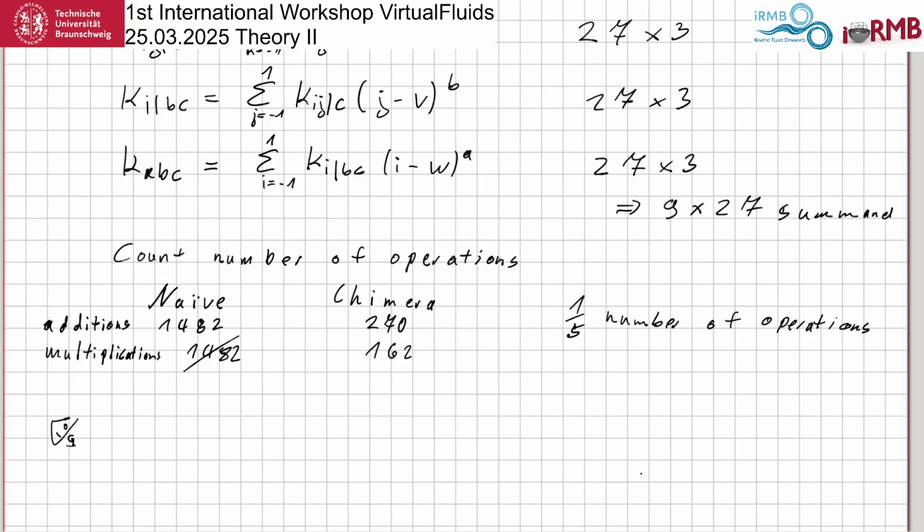And we do this for the chimera transform, and we do this for the naive transform. And due to this difference in the conditioning of this, we see a big difference.